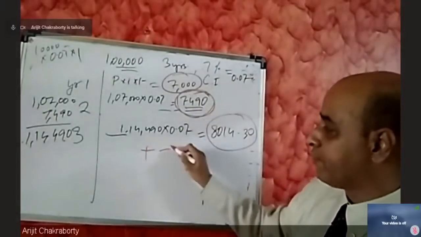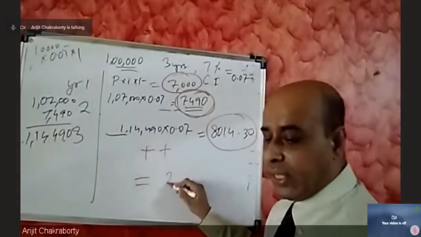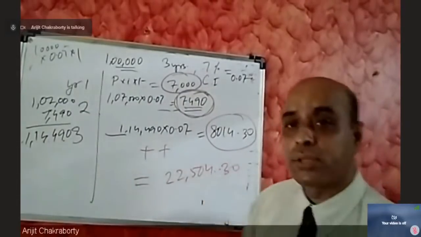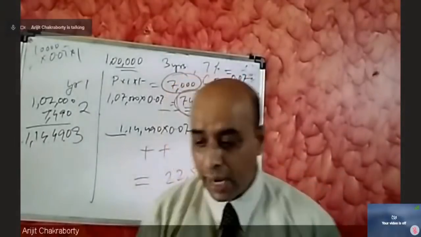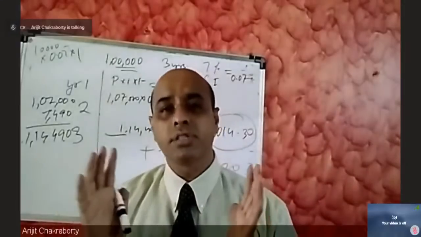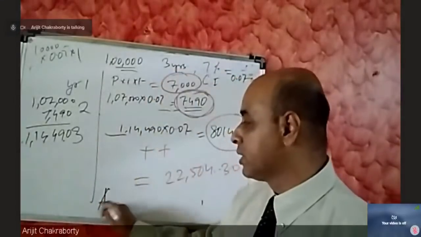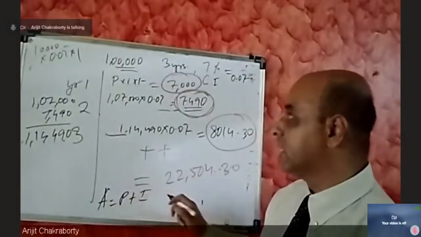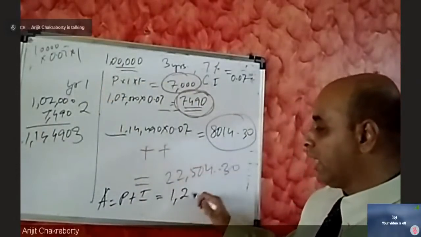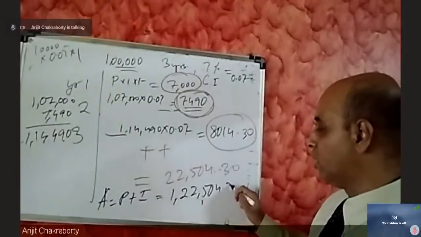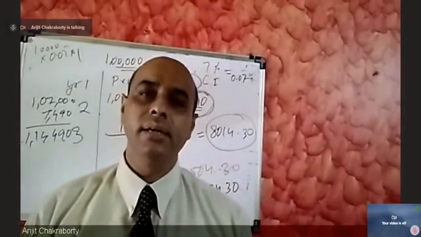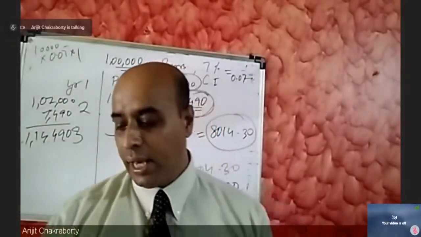If you add them, you are getting 22,504.30. This is the total interest she is earning, and since she started with 1 lakh rupees, 1 lakh rupees was the principal. So the amount is equal to principal plus interest, which is 1 lakh plus 22,504, that is 1,22,504.3.